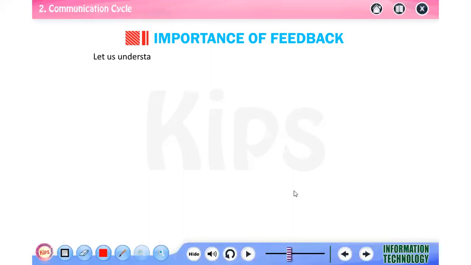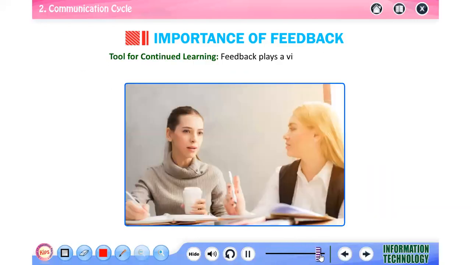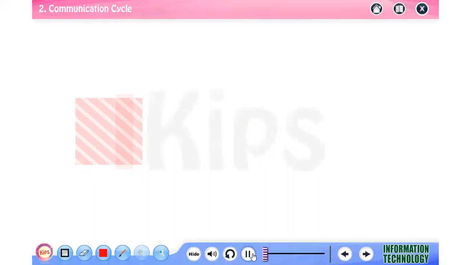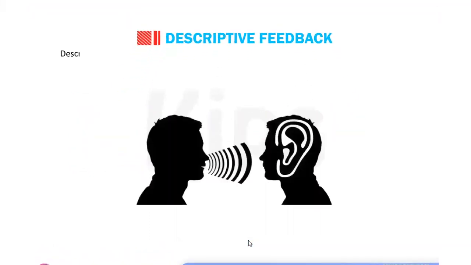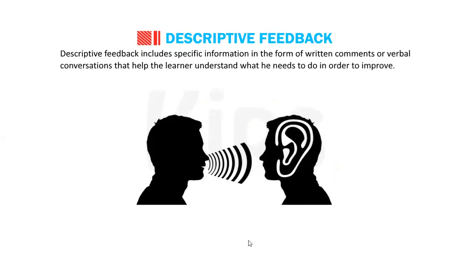So now we will talk about descriptive feedback and its importance for students. Let us understand descriptive feedback. Descriptive feedback includes specific information in the form of written comments or verbal conversations that help the learner understand what he needs to do in order to improve.